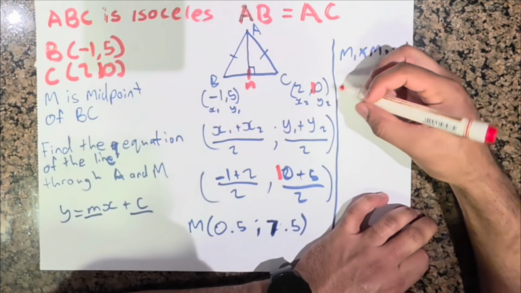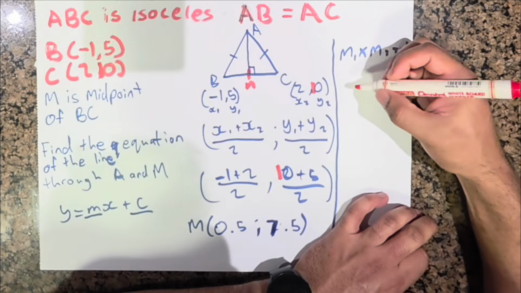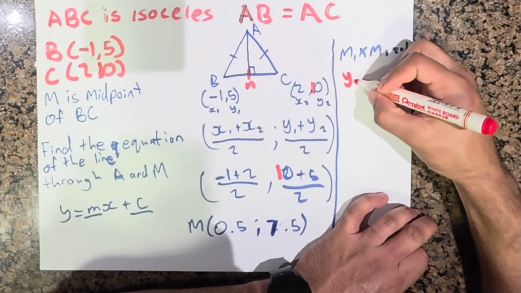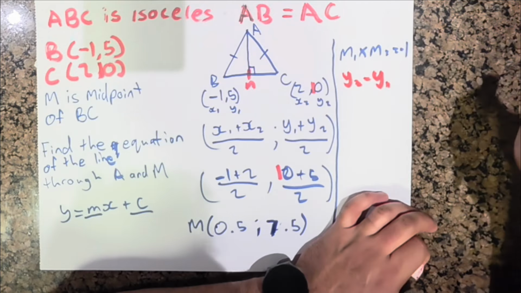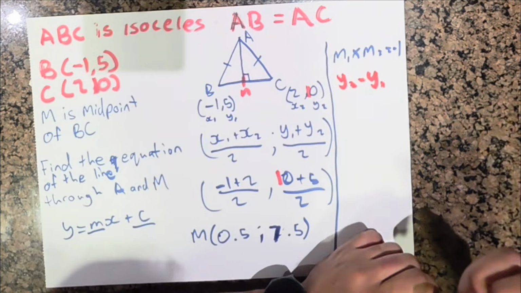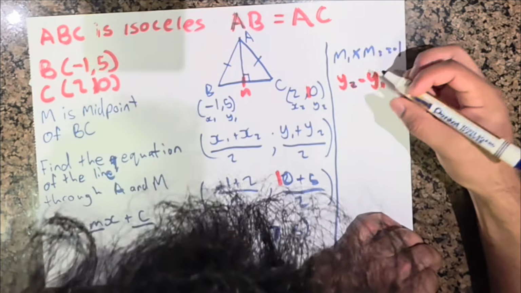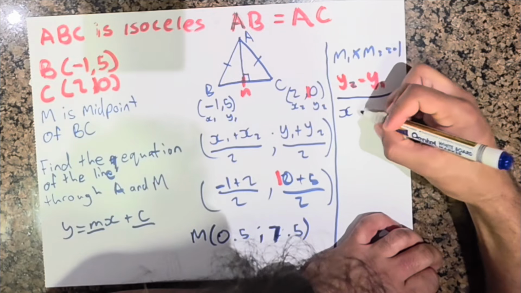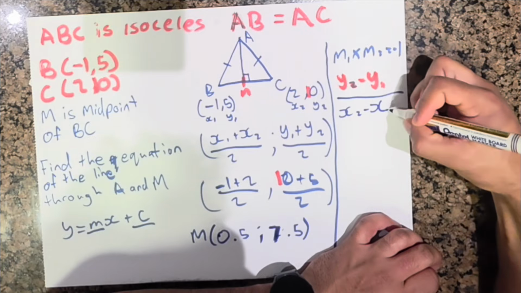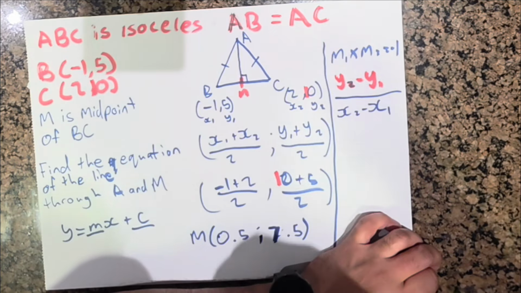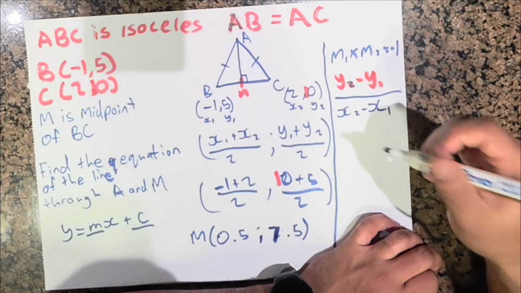Since they're perpendicular, if we know the gradient for BC, then if we divide that by -1, we'll find the gradient for AM. So we're going to use BC to find the gradient. So let's say y2 minus y1 over x2 minus x1, and then we can just use the same set of coordinates here.